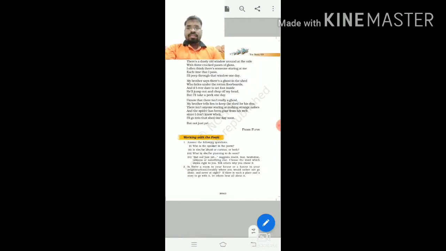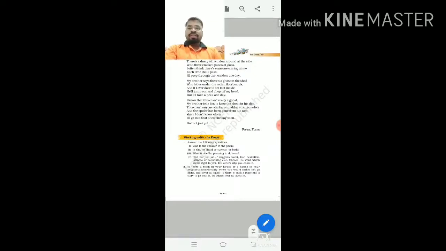There is a dusty old window around at the side. Just at the side of the door there was a window, and that window was also dusty, with three cracked panes of glass. So the glass panes of that window were also cracked, broken.